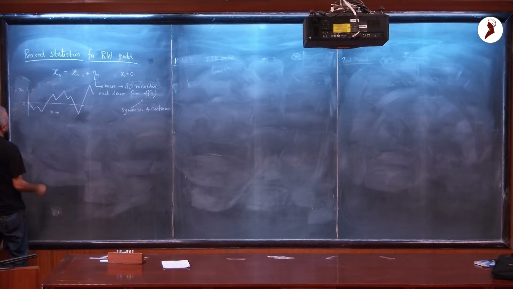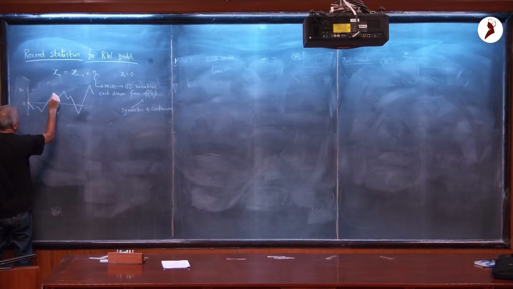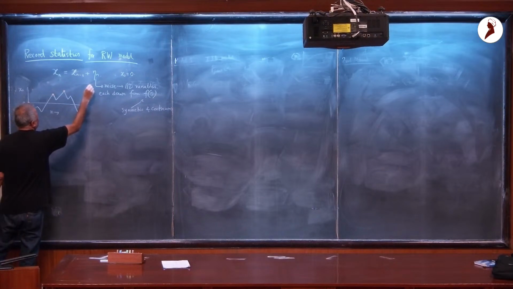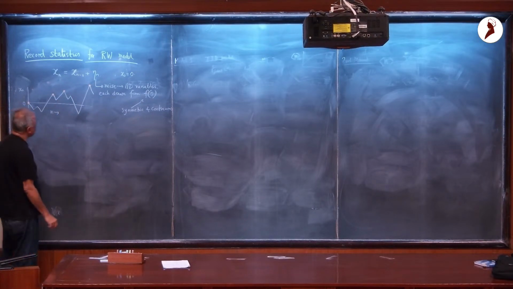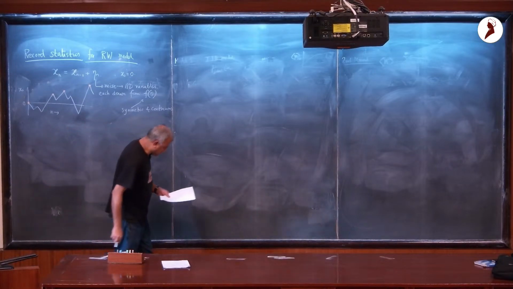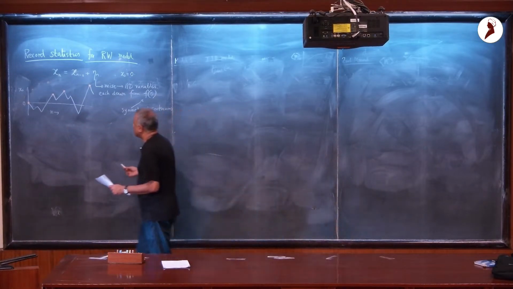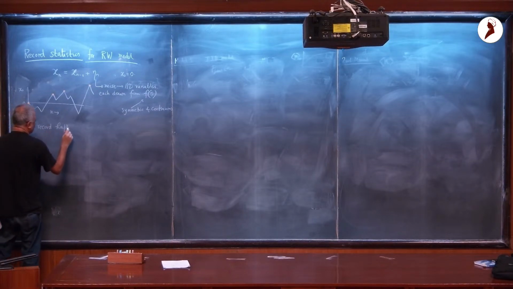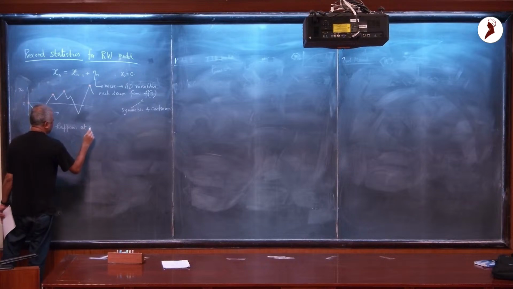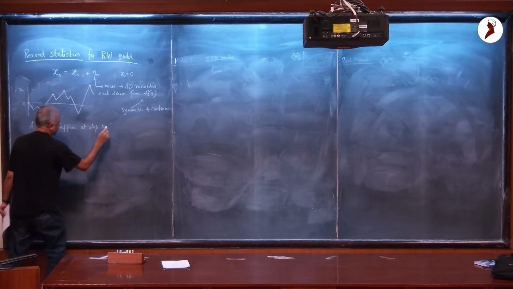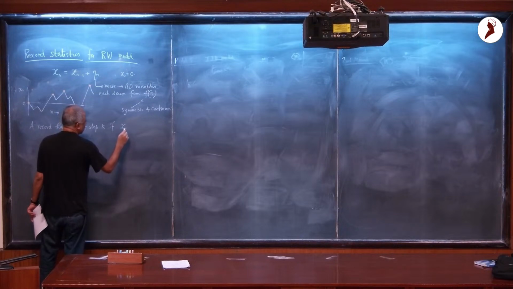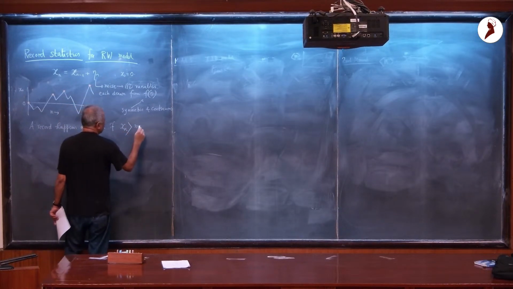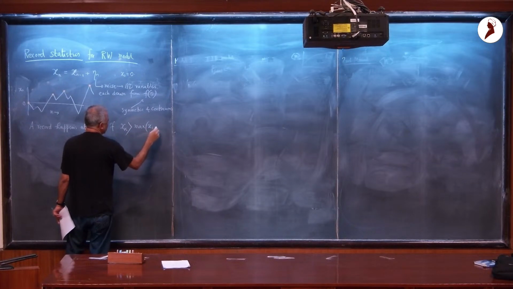So again, the first guy, I'll take it always as a record. Anyway, it starts at the origin, so it's not really important. So this is a record, this is a record, this is a record. The rest of the guys are not records. Okay? So again, the criterion for a record: the position of the walker is bigger than all previous positions.